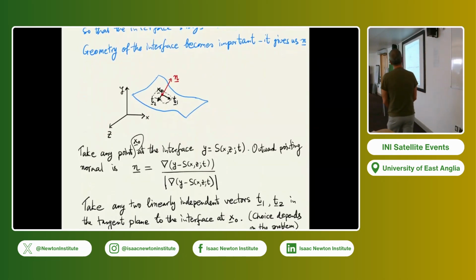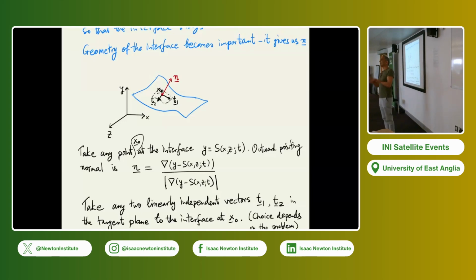So how am I going to do this? Here's a picture again. I think that's the best way to do it. So here's the fluid surface, fluid 1, fluid 2. There's the point x0, the position vector. The normal to the surface is given by n, and there's some force there.